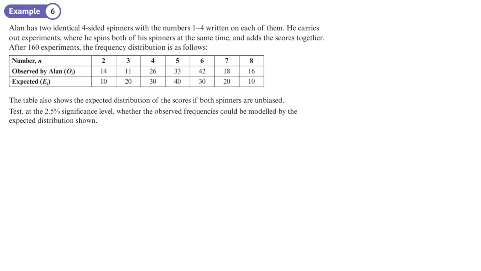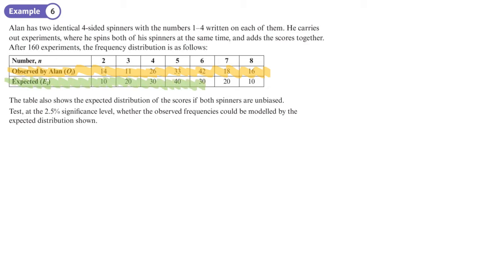Okay, Alan has two identical four-sided spinners, numbered 1 to 4, written on each of them. He carries out experiments where he spins both spinners at the same time and he adds the scores together. After 160 experiments, the frequency distributions are shown below with our observed values here and our expected values in the row below.